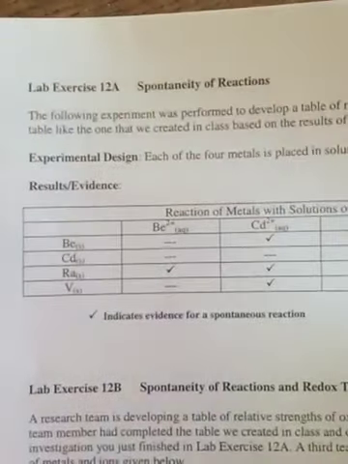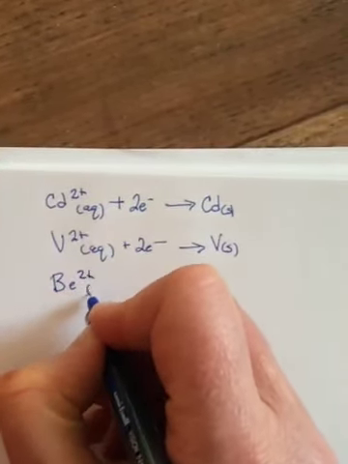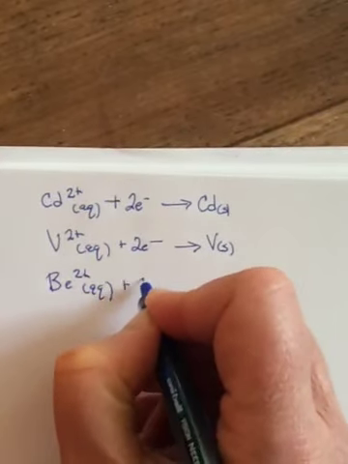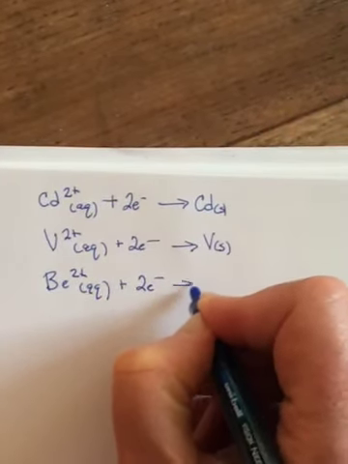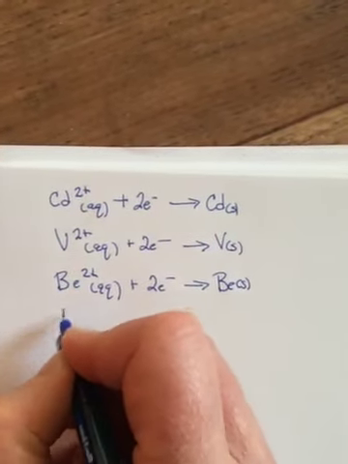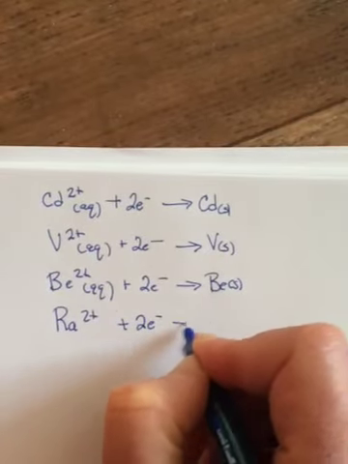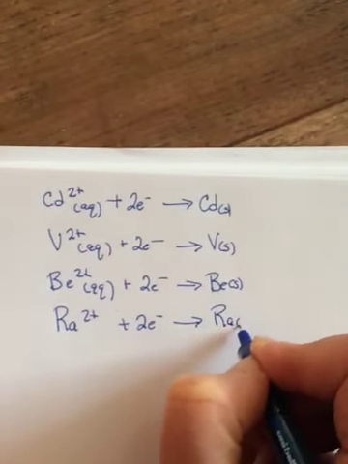Next one, beryllium, has just 1. So Be2+ aqueous plus 2 electrons going to Be solid. And then the last one on the table was Ra2+ plus 2 electrons going to Ra solid.